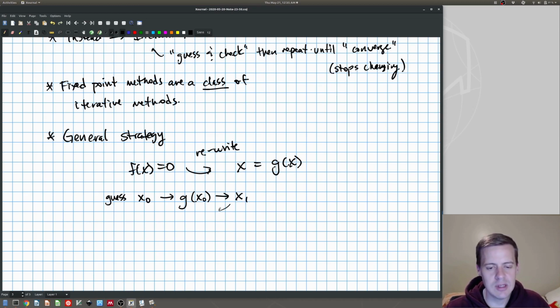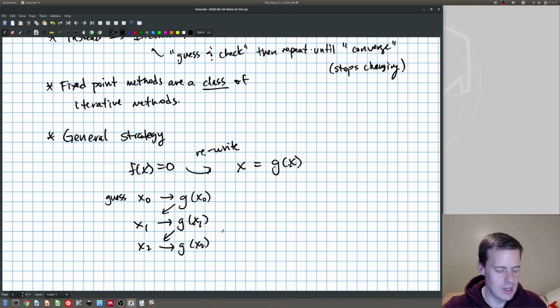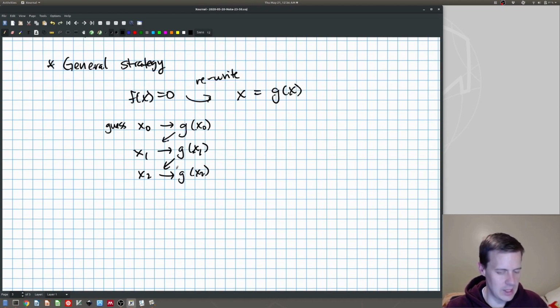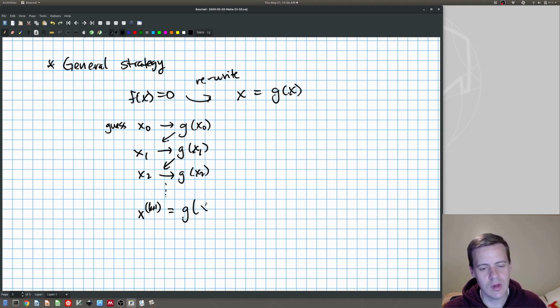Great. Now we can take x1 down here, and I'm actually going to put an arrow here, to give us x1. Then we use x1 to compute g of x1, which will then give us x2, which we use to compute g of x2, and on and on, until finally we get to a point where at some x_{k+1}, we have that equals exactly g of x_k.